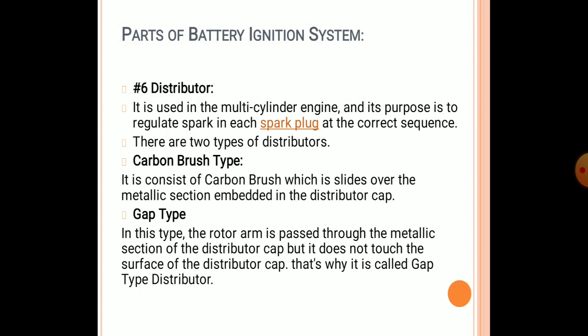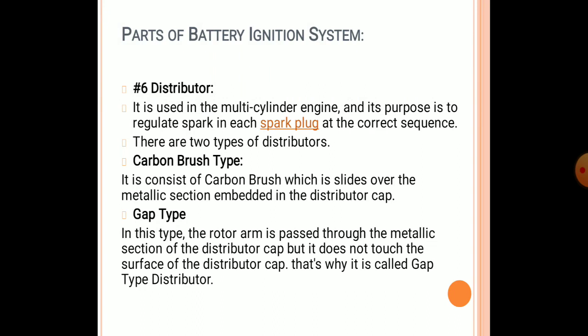The distributor of the battery ignition system is used in multi-cylinder engines, and its purpose is to regulate the spark to the spark plugs in the correct sequence, that is, when and as required.